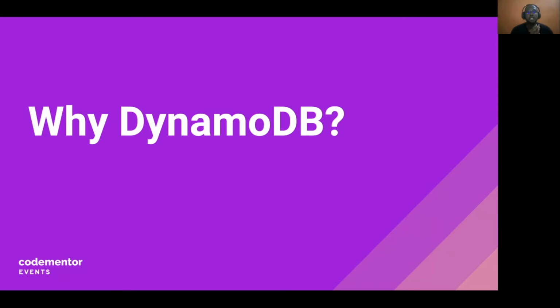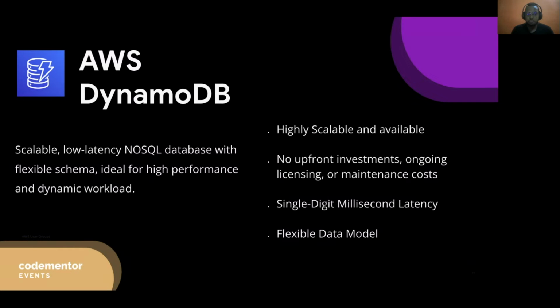So why did I choose to go with AWS Amazon DynamoDB? I kind of get confused whether it's Amazon or AWS, but you get the point. AWS DynamoDB is a scalable, low latency NoSQL database. First of all, it had to be NoSQL because they are coming from a NoSQL database, and also because DynamoDB is very, very scalable.